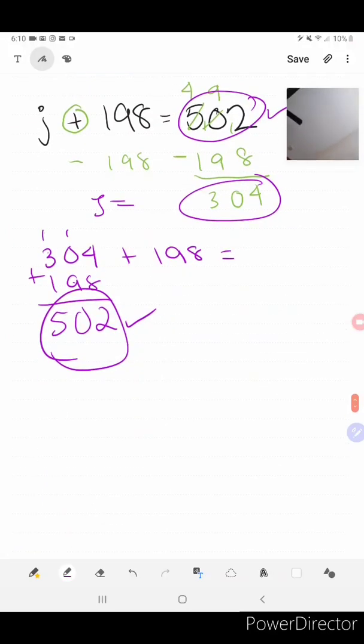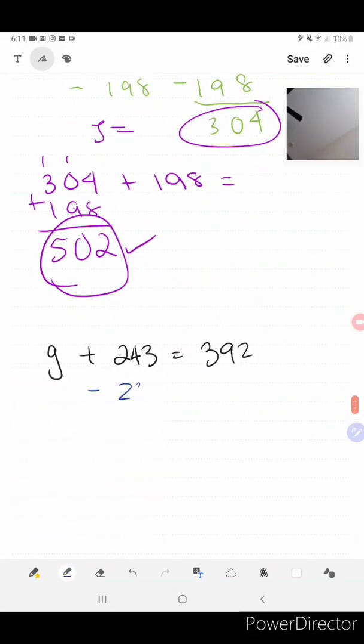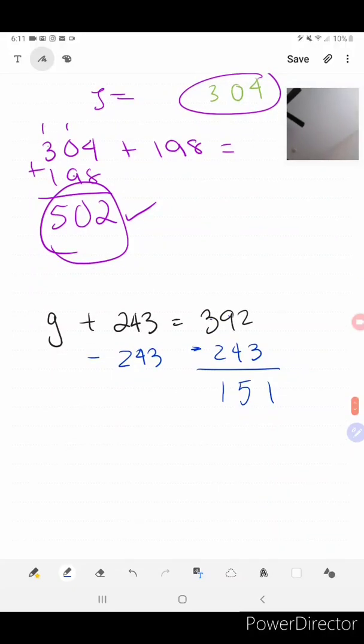So let's say you have G plus 243 equals 392, right? Let's say you subtracted this. I'm going to subtract it wrong on purpose just so you guys can see what I mean by checking your answer. So let's say you did 3 minus 2 is 1, 9 minus 4 is 5, 3 minus 2 is 1. So let's say that was your answer.